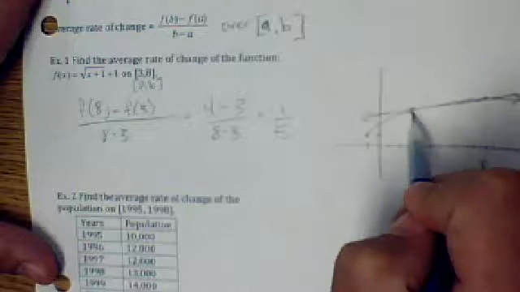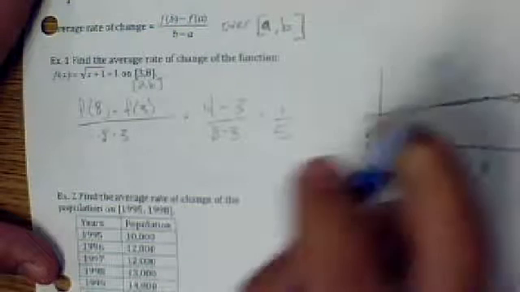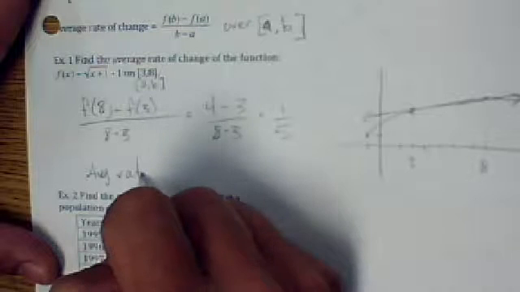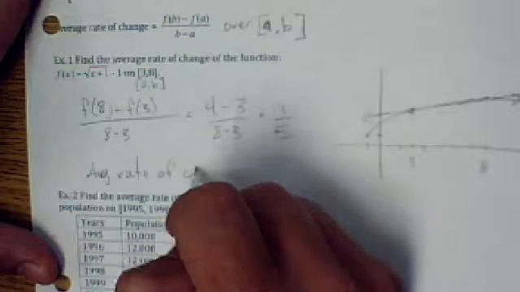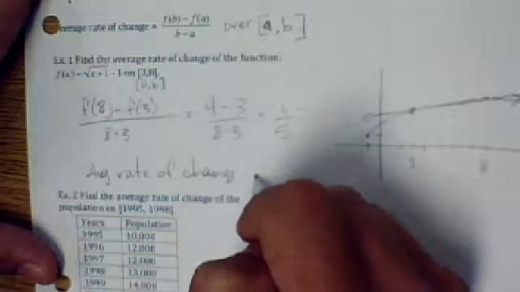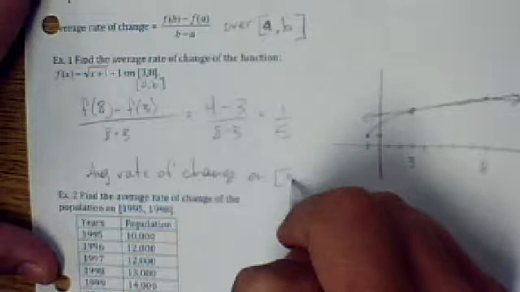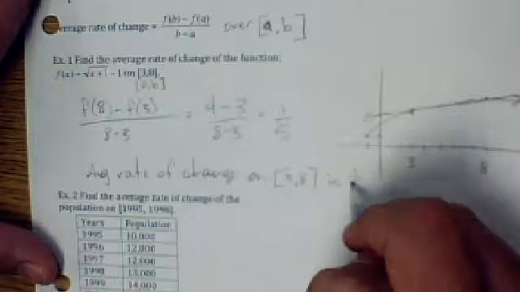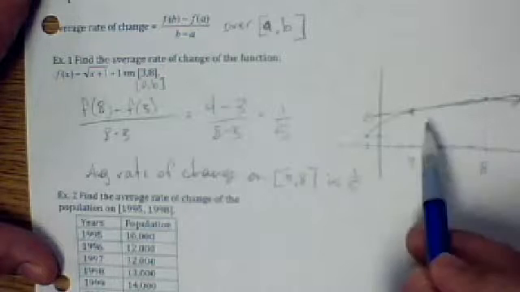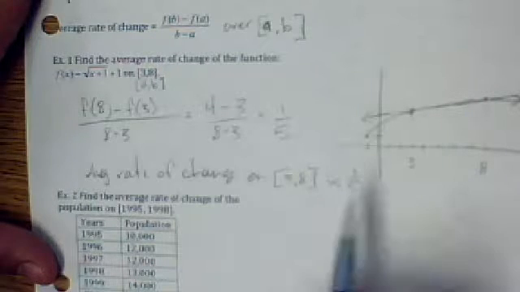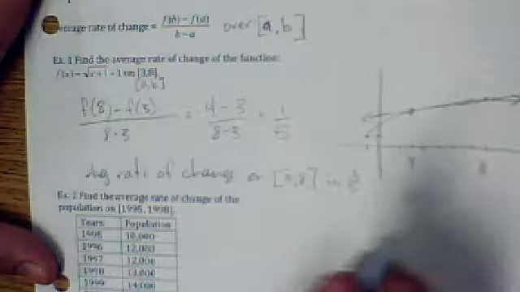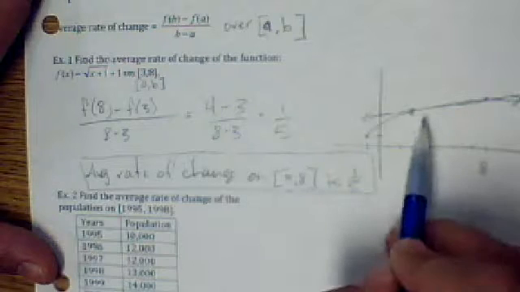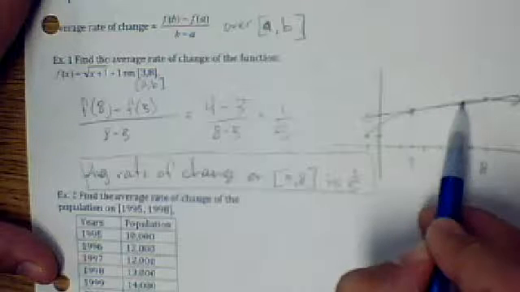Okay, we just found the slope of that secant line, so what we found was the average rate of change. So the average rate of change on 3 to 8 on that particular interval is 1/5. Okay, it's not the exact slope of that curve, but it's pretty close, as you can see. And as you can see, it looks like you went up 1 and over 5.